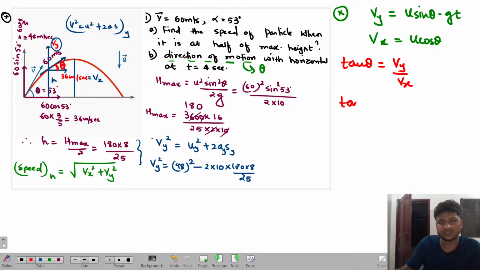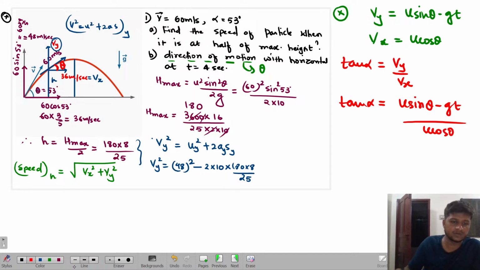So tan alpha is equal to u sine theta minus gt divided by u cos theta. Let us call this angle alpha. Is this clear, guys?